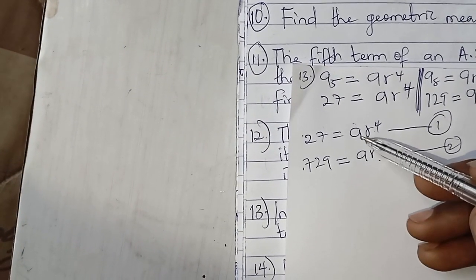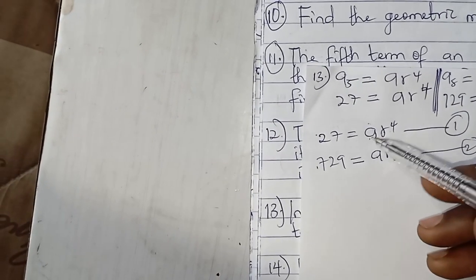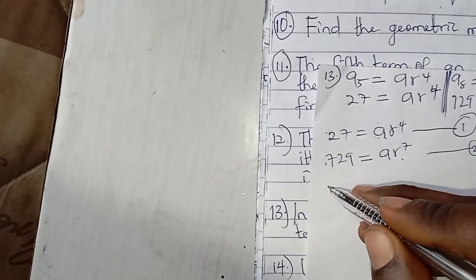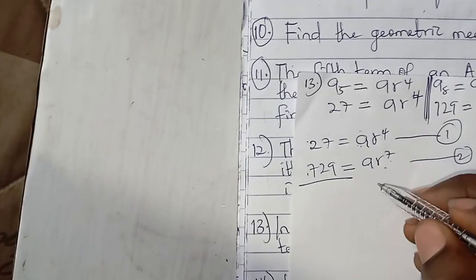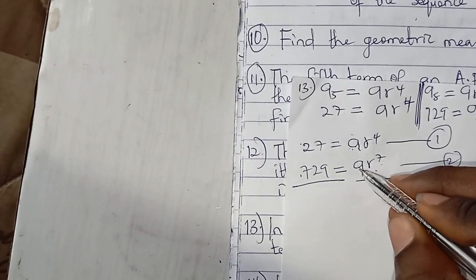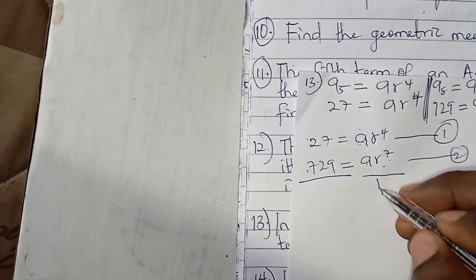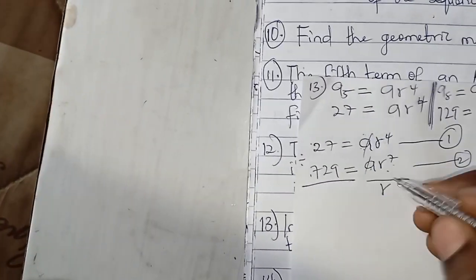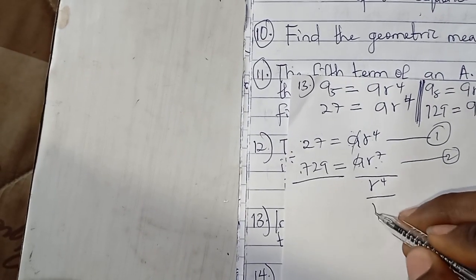It's only by division, because if I say minus, you cannot subtract it. This is bonded to this by multiplication. So divide. When I do this, A divided by A becomes 1, then R^4 over R^7.